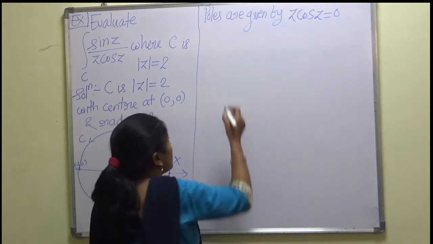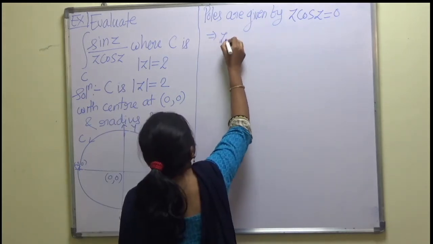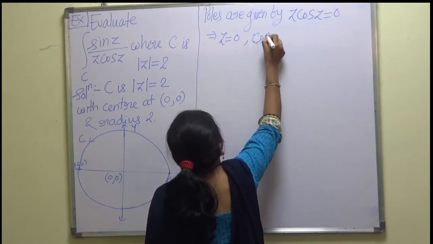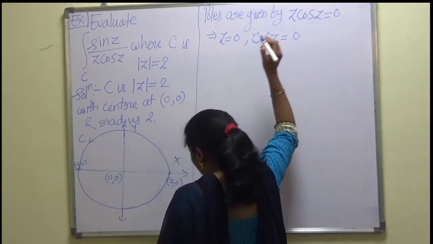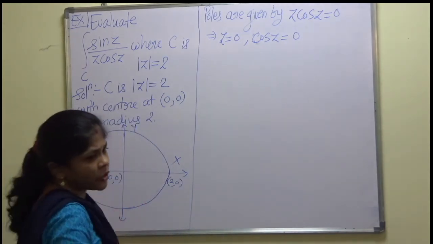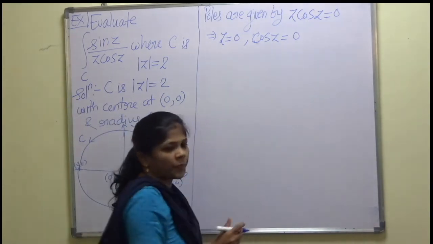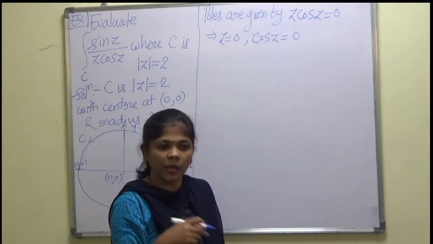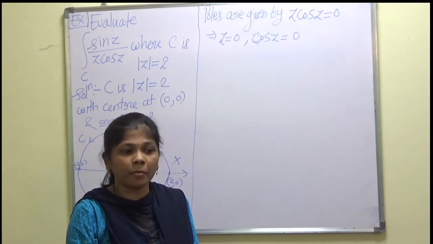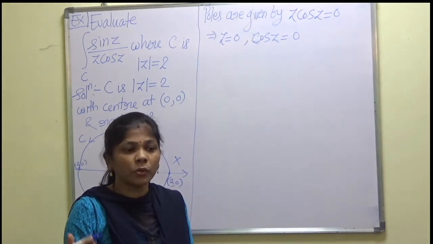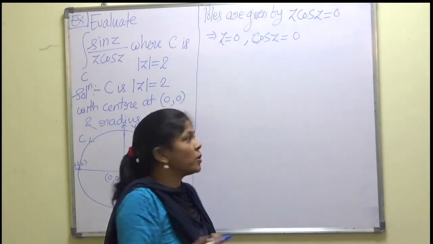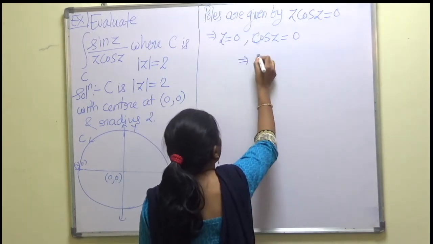So you will have z equal to 0 as well as cos z equal to 0. Now see here, the cosine function is 0 at pi by 2, 3 pi by 2, 5 pi by 2, 7 pi by 2. So at an infinite number of angles it will be 0. What is that generalized angle?